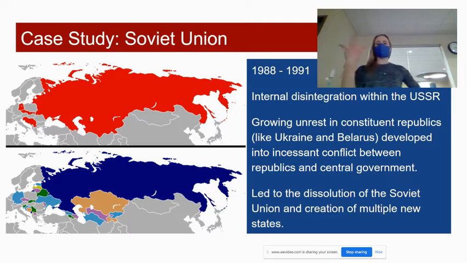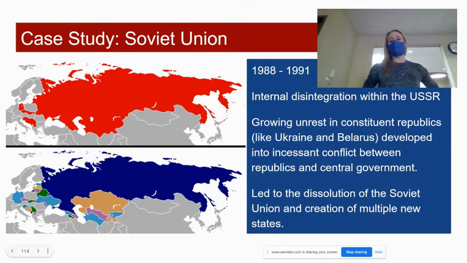It developed into incessant conflict between the republics and the central government, and it eventually leads to the dissolution of the Soviet Union. Is that the right word? Am I pronouncing that right? Dissolution. It comes from the word dissolve. I just don't often say the word dissolve in that form.